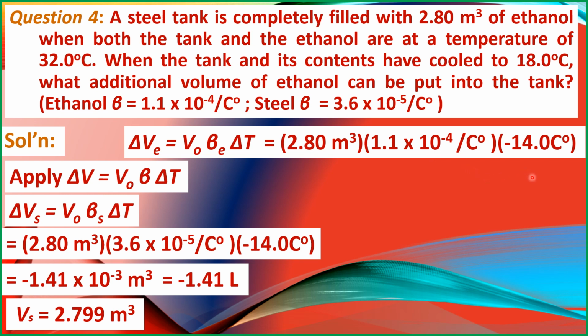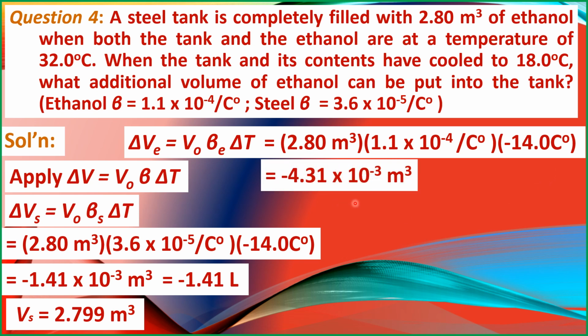Again, the same change in temperature, negative 14.0 Celsius degree. So doing our math, we will get delta V for ethanol equal to negative 4.31 times 10 to the negative 3 meter cube, which in liter is equivalent to negative 4.31 liter.